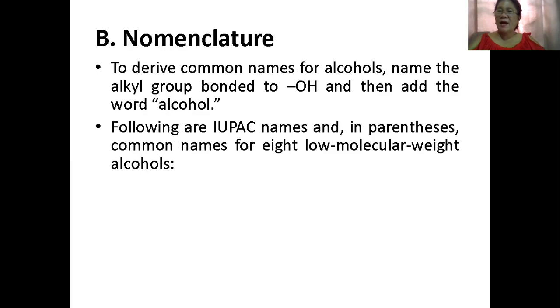In this example, the IUPAC names are in the upper portion and the names in parentheses are the common names. There are only 8 of these alcohols with a lower molecular weight which have a common name. Let us see what those are.